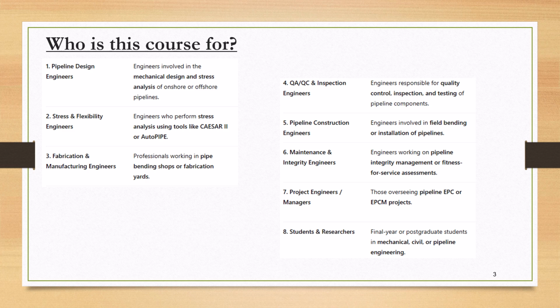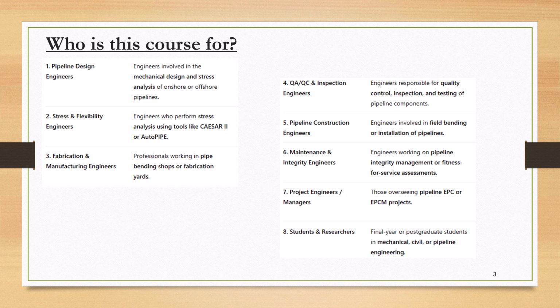The course will be ideal for pipeline design engineers, meaning engineers involved in the mechanical design and stress analysis of onshore or offshore pipeline systems. Next, stress and flexibility engineers, engineers who perform stress analysis using tools like CAESAR II, AutoPIPE, Start-Prof, ROHR2, etc.